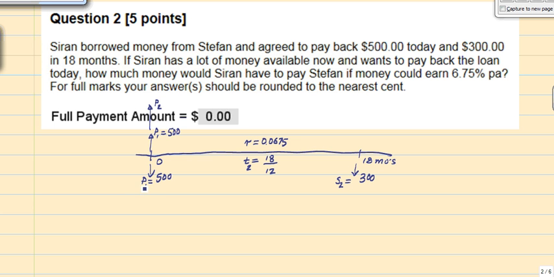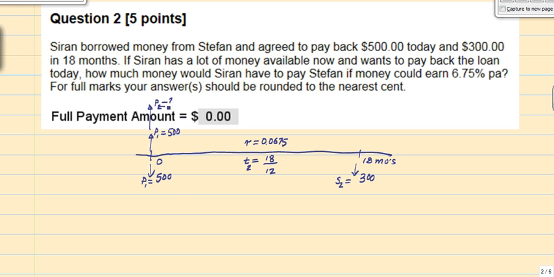The $500 today is worth $500, so the equivalent of $500 at time 0 is $500, but the $300 18 months from now is the future sum, so we want to find its equivalent value at time 0. We're looking for P sub 2, which is unknown.